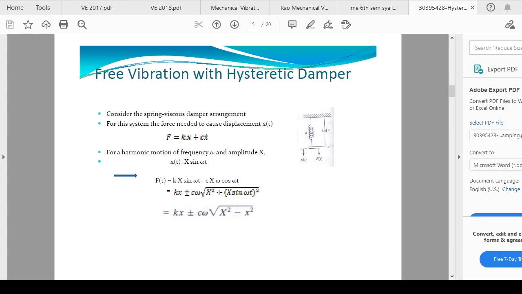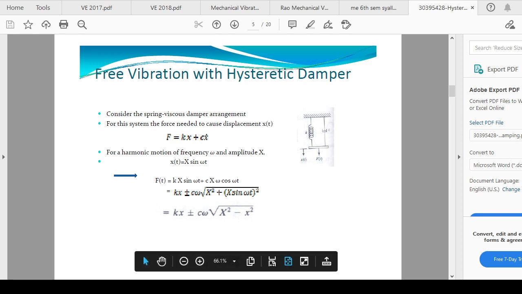For this system, the force needed to cause displacement is kx plus c x dot, where c x dot is the damping force and kx is the spring force. For harmonic motion of frequency omega and amplitude X, x(t) equals X sin omega t.